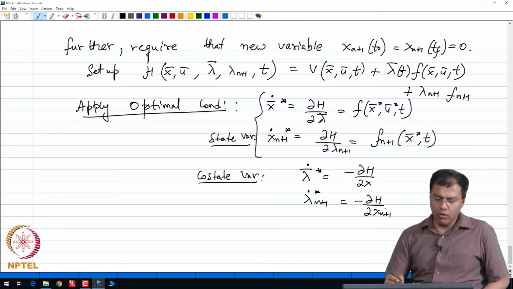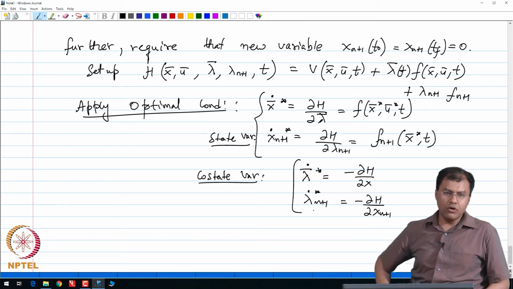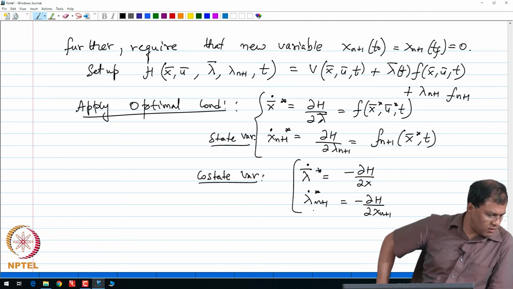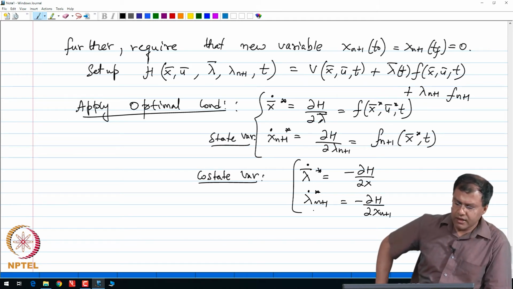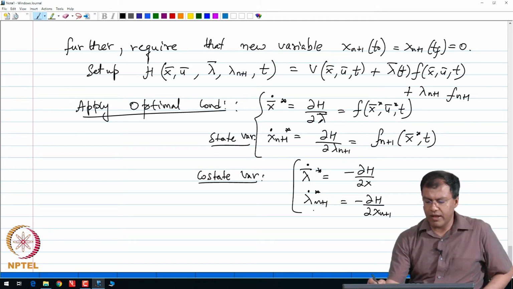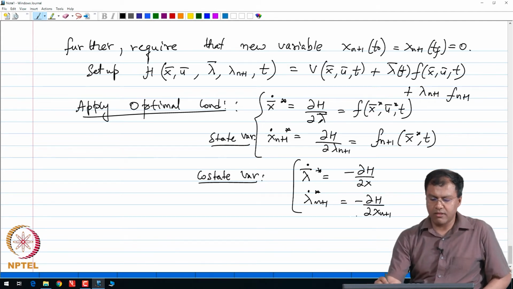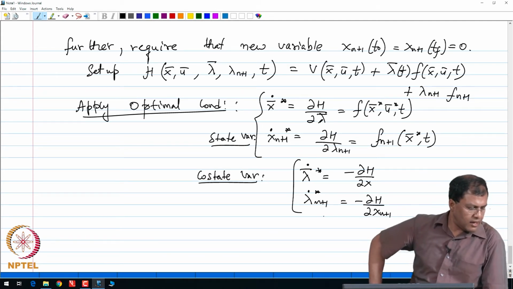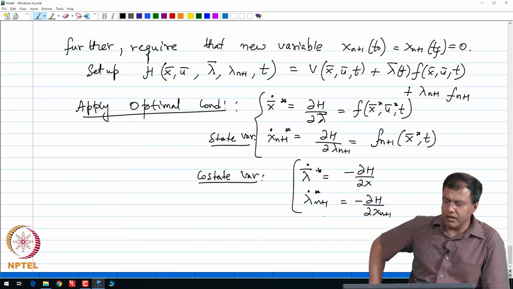So, these are my co-state variables. So, we have 2 n plus 2 equations to be solved, right. Notice that the only dependence of h on x n plus 1 is via lambda n plus 1, right. So, h does not explicitly contain x n plus 1 as such.